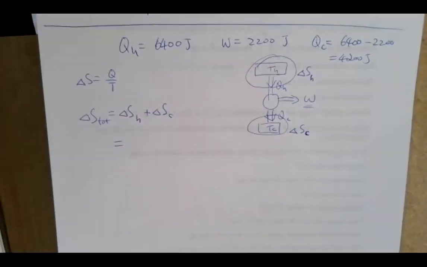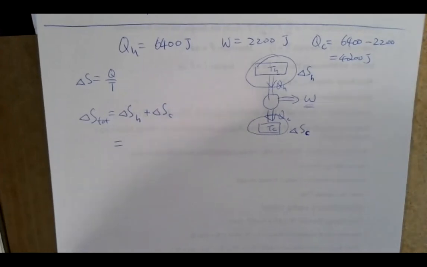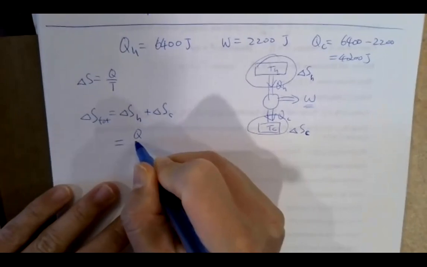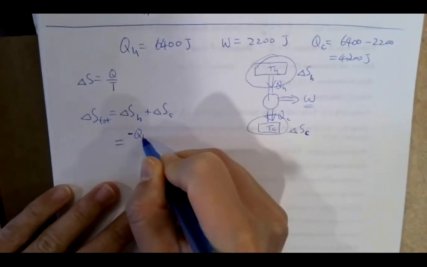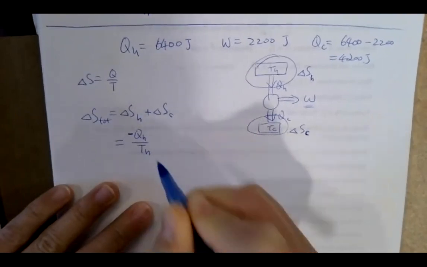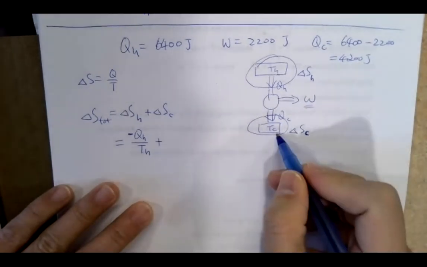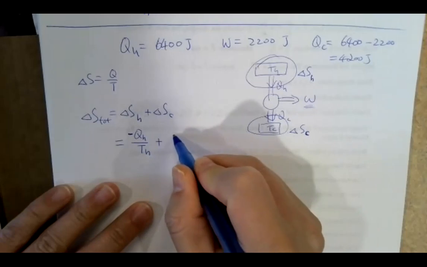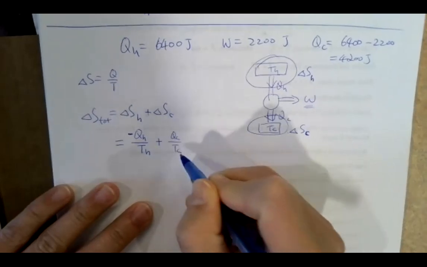Now we want to pay attention to the sign of the heat. The hot reservoir loses heat, so when you plug in the number for Q, it will be minus QH over TH. And for the cold reservoir, it receives heat, so its heat change is positive, QC over TC.